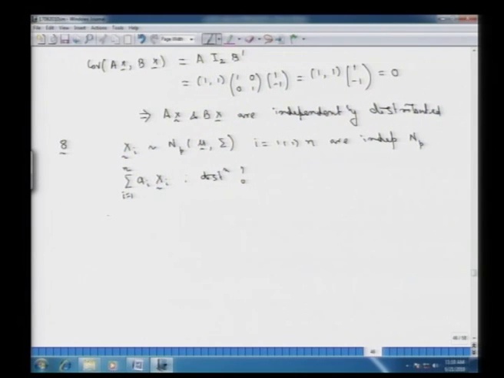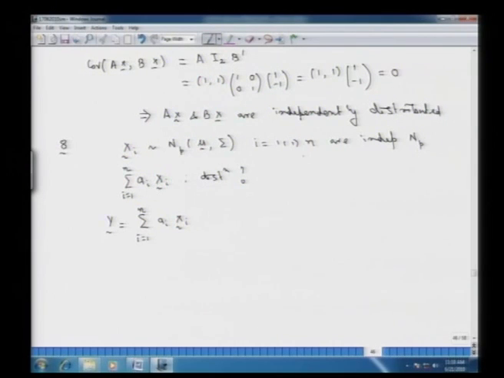Now let us denote this by a vector y, which is just the linear combination of these. This actually is the result corresponding to the univariate result, where we know that a linear combination of univariate normal distributions also has a univariate normal distribution.